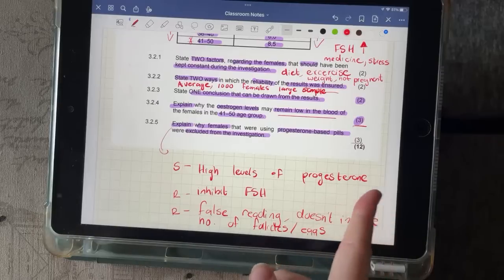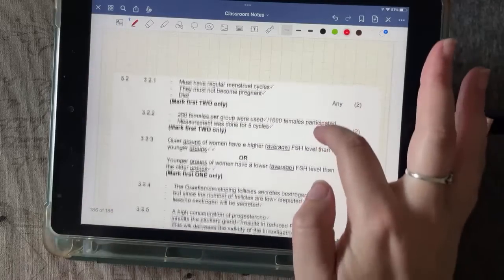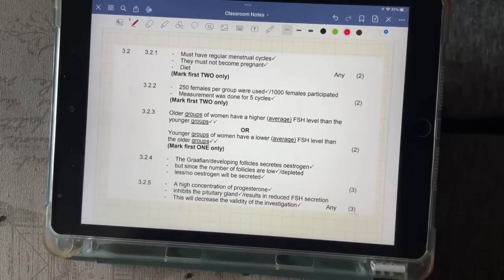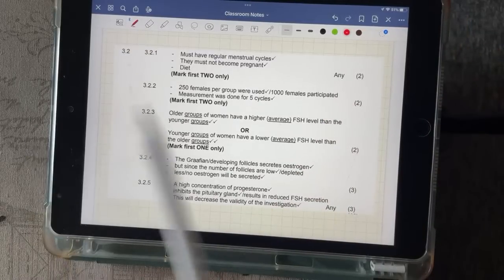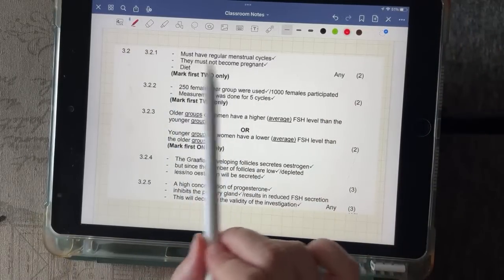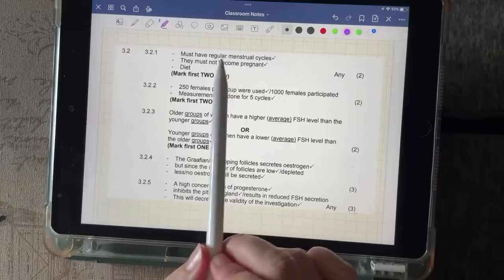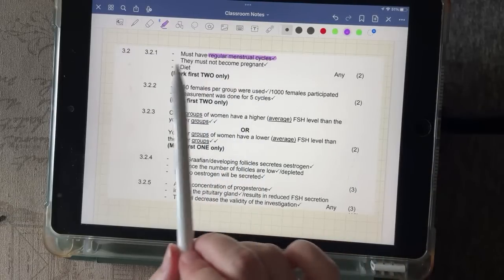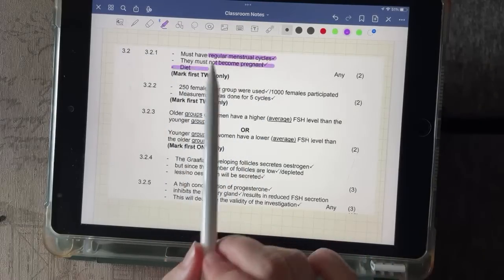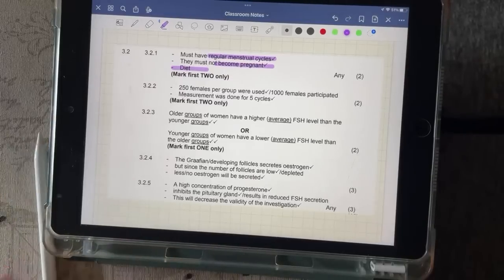All right, I'm going to just scroll over so you can all see the memo that goes with this and just have a look at it. These are some of the answers that we gave earlier. Remember, we were thinking about what we could have said for things that they kept regular. So they must have a regular menstrual cycle. They must not become pregnant. They must keep up their diet. I'm sure they probably added a few others in the memo discussion on the day.